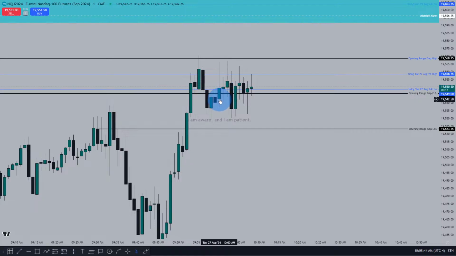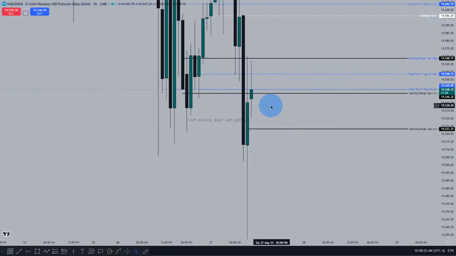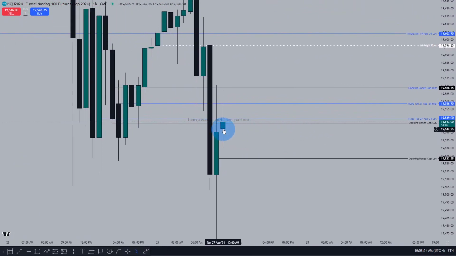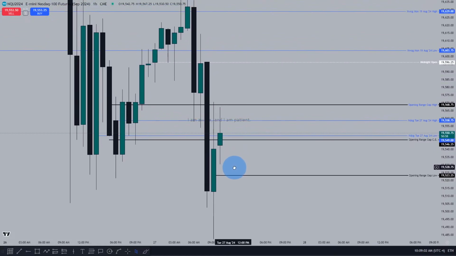Ten o'clock opened around here, and it's just starting to accumulate. We hop onto the 1 hour time frame. You can kind of see how it is. So it opens there, and got this wick over here, and we're just kind of accumulating.